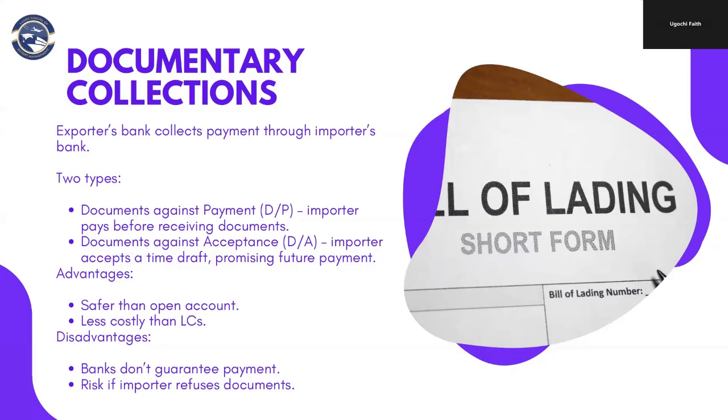Document against payment is still through bank, but the bank is just an intermediary. So the bank there is just a medium through which payment is going to be made. The bank is not giving you any guarantee or assuring you that, yes, $100,000 will be paid into your account. No, it is the importer's bank, the buyer's bank, that will pay that money to the bank, for the bank rather to credit your account, your export proceeds account.